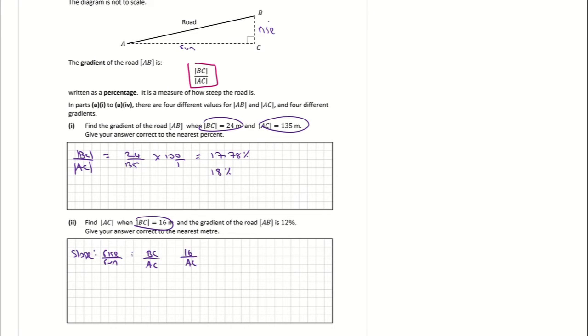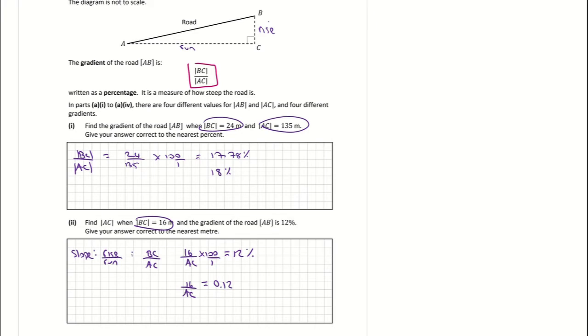And the gradient of the road AB is 12%. So if I multiply that by 100 over 1, I should get 12%. That's literally what it's telling us. So I have 16 over AC is equal to, well, divide my 12 by 100. As a decimal, 12% is 0.12.